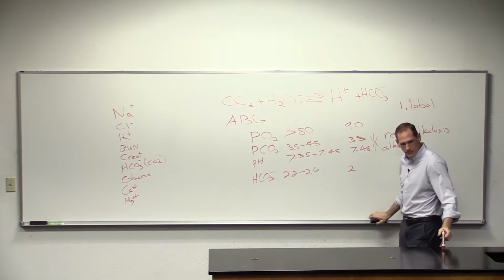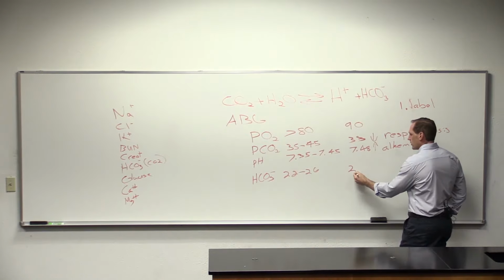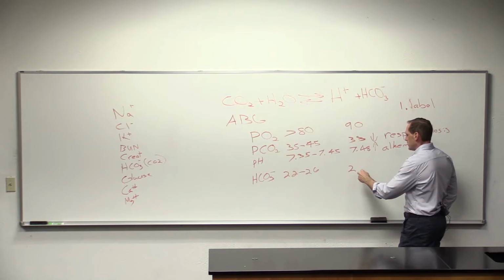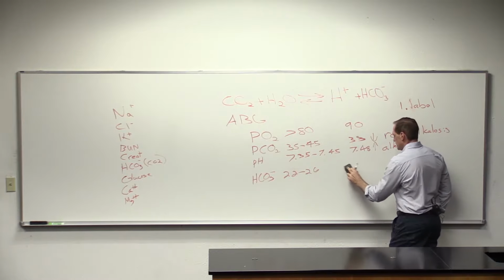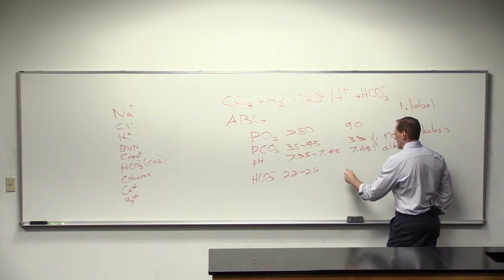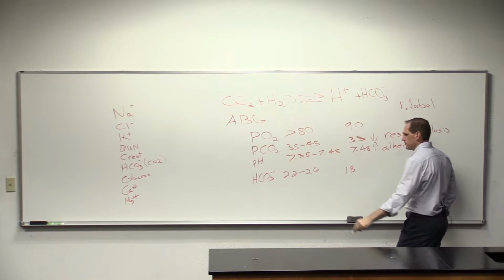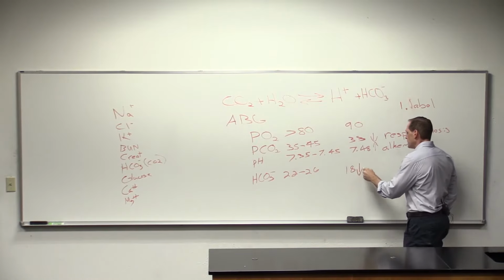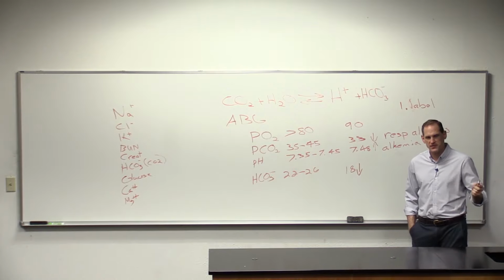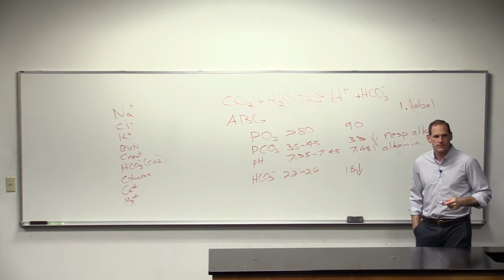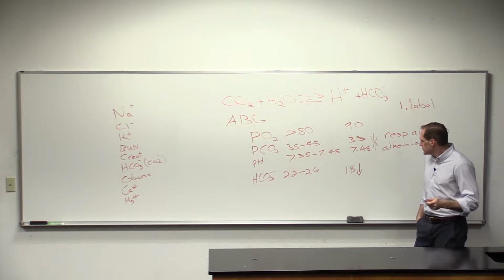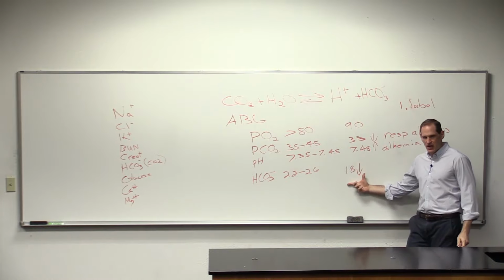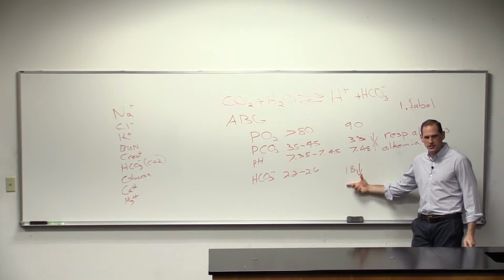Let's take our bicarb level, and let's change the bicarb level to 18. Now, is that high or low? Low. That's low. Now, what is bicarb? Is it a base or an acid? Base. It's a base. So when the base is low, that means our patient is acidotic.